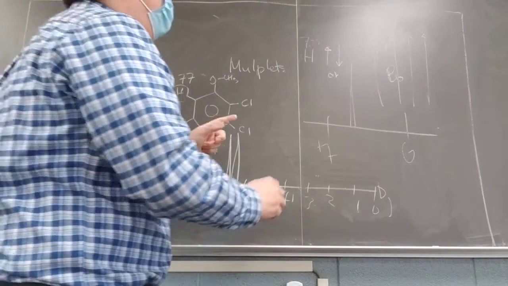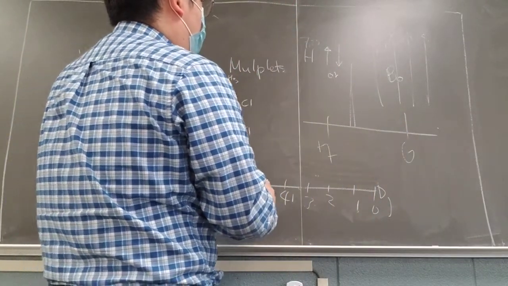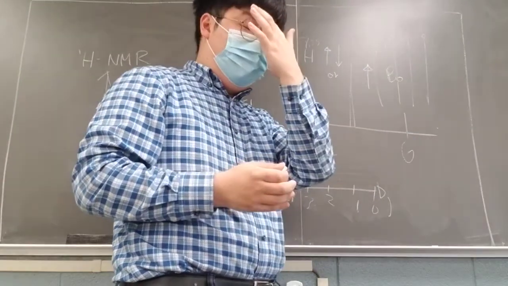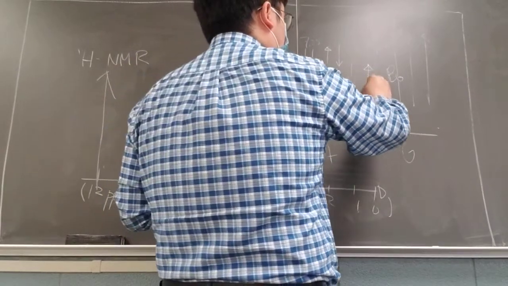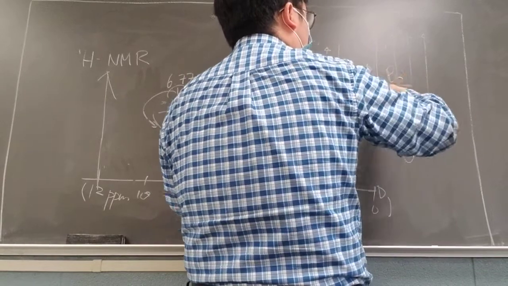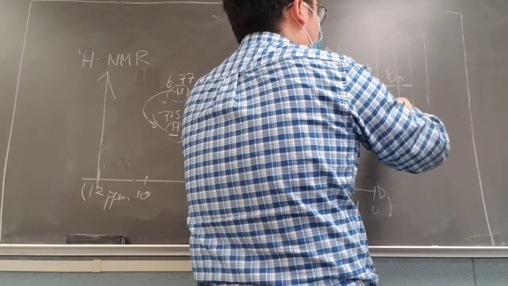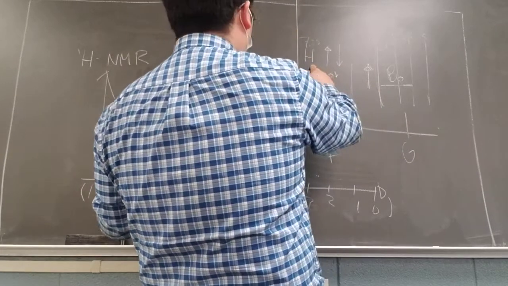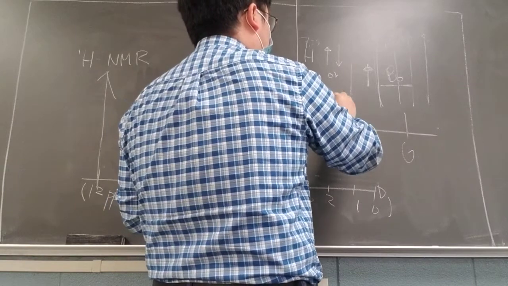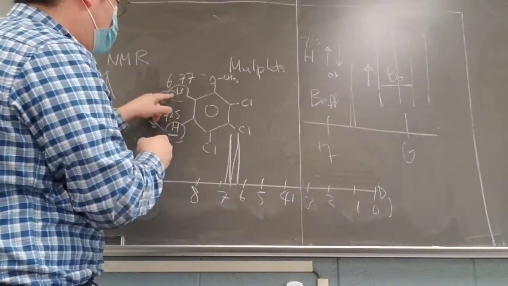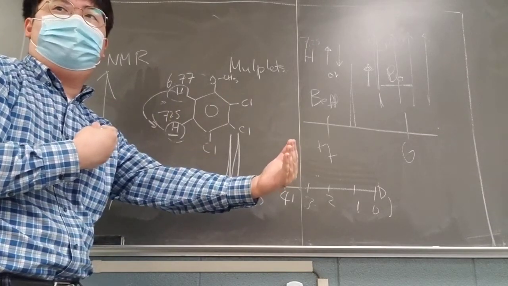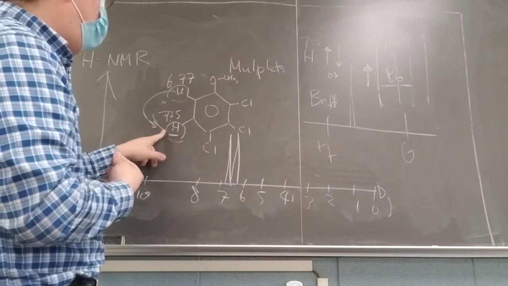Okay, so if the moment shows the same direction, which is what? Alpha spin, right? If it shows in this way, the magnetic strength from the applied external magnetic field will be stronger, because this magnetic spin also aligns with it. So the effective magnetic field strength that this proton experiences is stronger when the neighbor goes to the alpha spin.